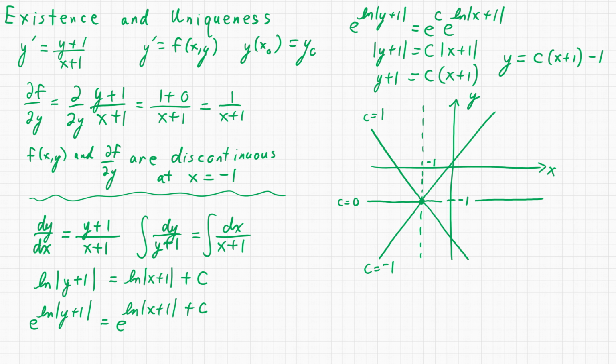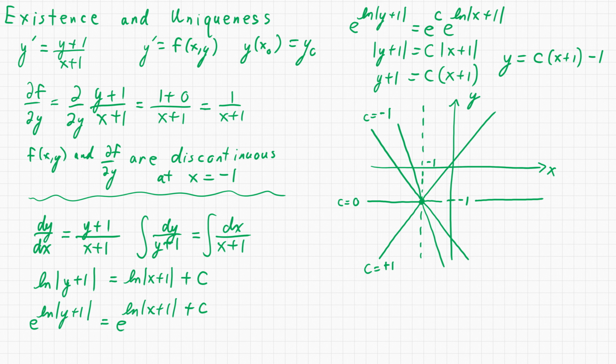And we get every other line. The only line we can't get is this one here, because we'd have to have c be positive infinity or negative infinity, as the lines get steeper and steeper. Oh shoot, sorry, I mixed those up. This is positive 1 slope. This is negative 1 slope.